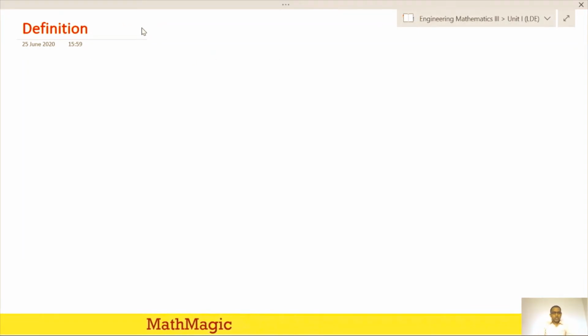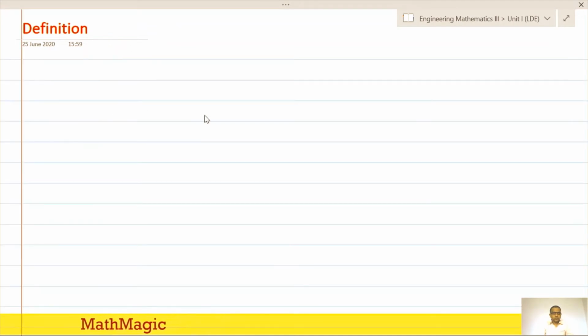The general form of the nth order linear differential equation is like this.